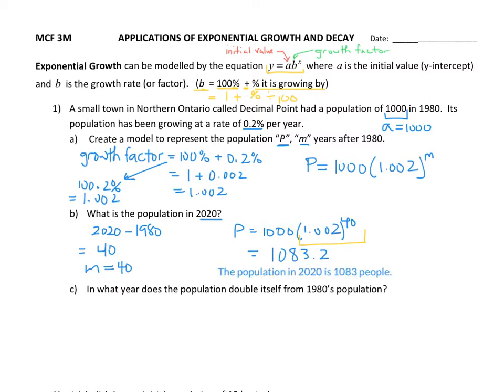All right, the next part: in what year? So now we need to figure out a value for m. In what year does the population double itself from 1980's population? So originally your population started at 1,000.